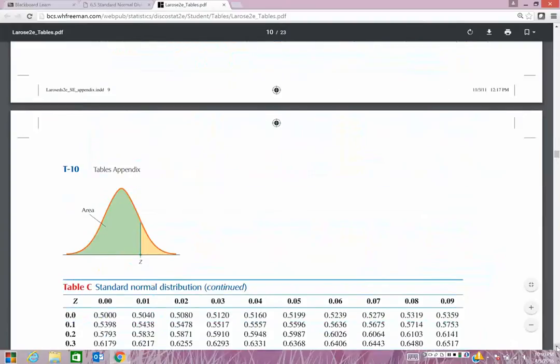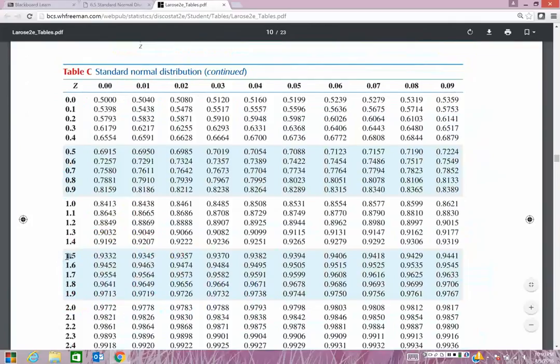So I'm going to scroll down. And here we go, 1.5 here. And then 0.02. Again, if we add these two numbers together, it gives us the 0.9357. Right? So 1.5 and 0.02, the intersection of those two numbers.